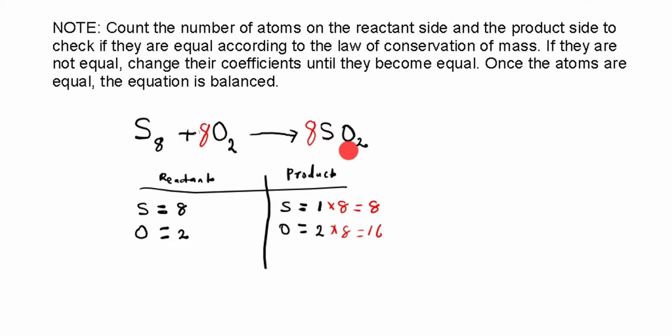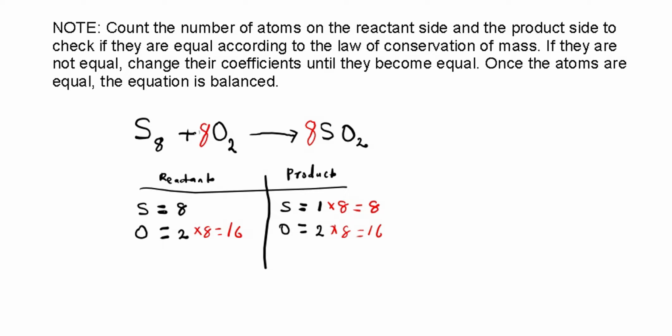Then in the product side, we also have 16. Now let's go through it and see. The reactant side, we have 8 atoms of sulfur. Let's check the product side. The product side, we also have 8 atoms of sulfur.